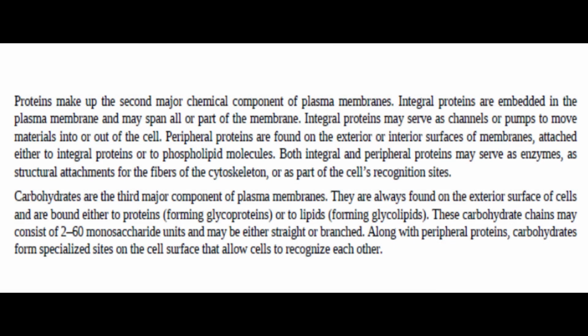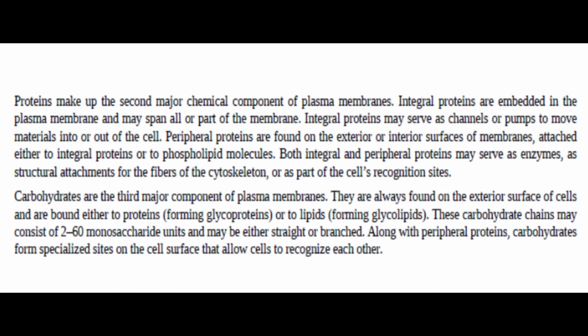Proteins make up the second major chemical component of plasma membranes. Integral proteins are embedded in the plasma membrane and may span all or part of the membrane. Integral proteins may serve as channels or pumps to move materials into or out of the cell.